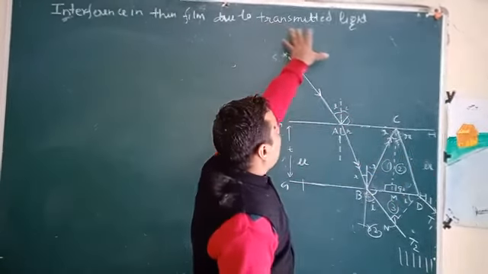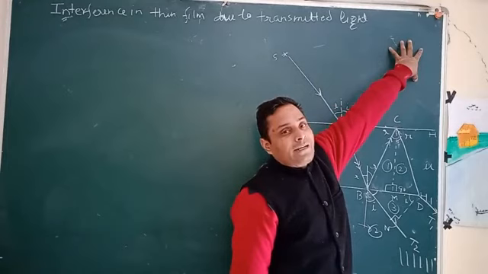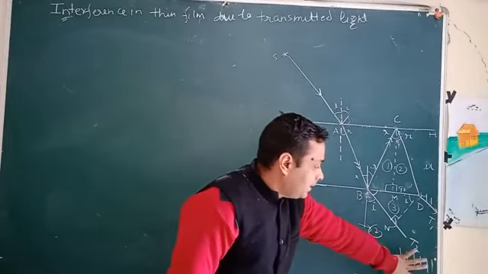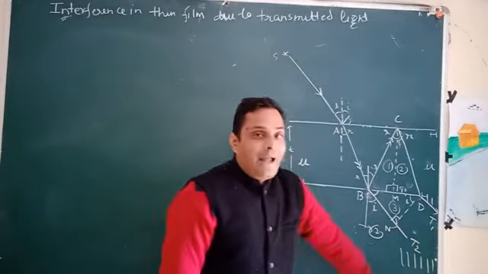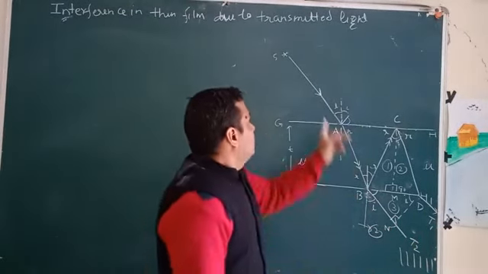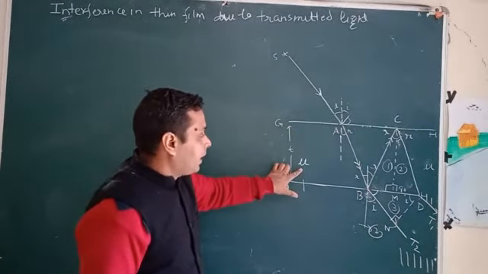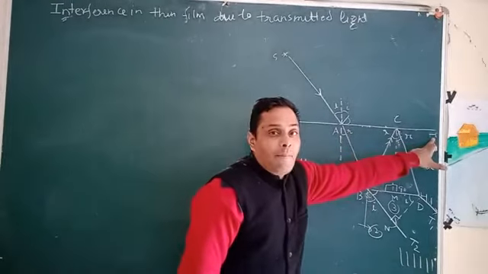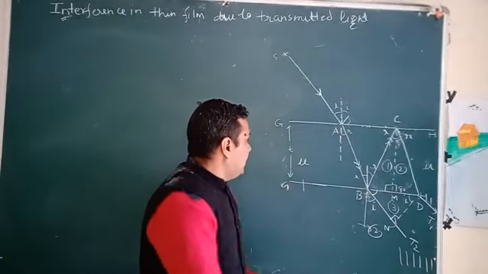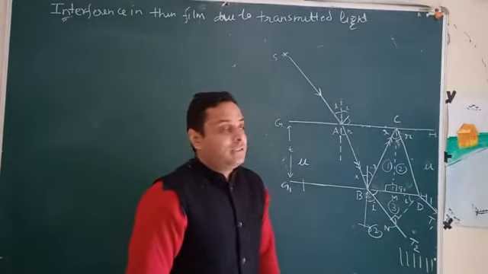In the case of reflected light we study the interference pattern on this side. Now the detector is on this side and we study the interference pattern. This is a thin film of thickness T having refractive index mu, with parallel interfaces: GH is the upper face and G1H1 is the lower interface.